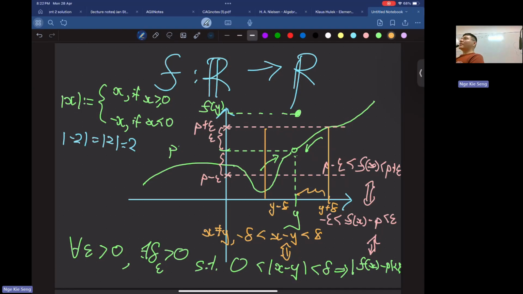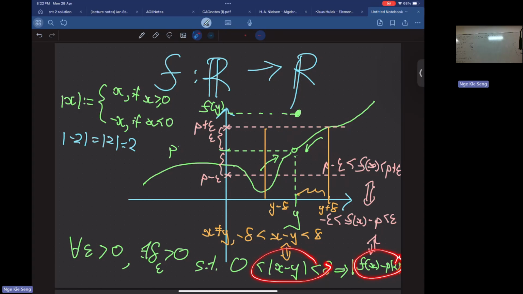No, meaning some points lie outside this box. There are some points that don't satisfy |f(x) minus p| less than epsilon, although they satisfy |x minus y| less than delta.